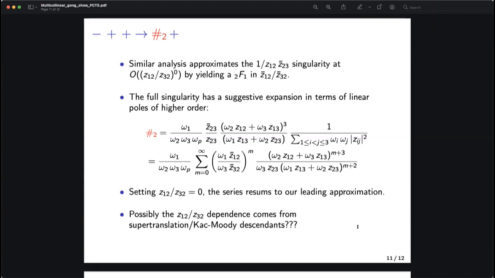The idea I was having was that you mentioned inserting some basis of states. What if you insert a basis of states in between the two gluons that are soft? Now I have two separate amplitudes, each of which is a single soft limit. We know everything about single soft limits.